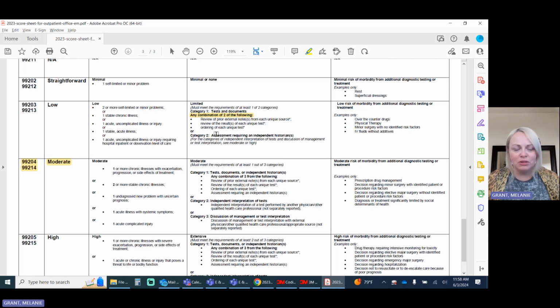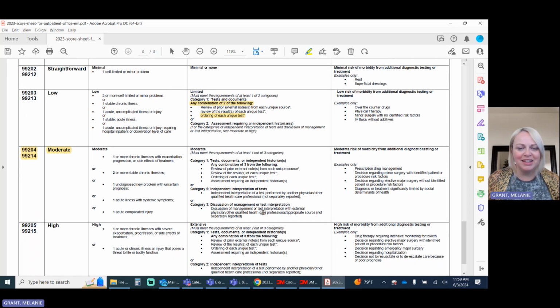So if there are 2 unique tests, then that will meet the requirement for ordering of 2 unique tests, whereas review of prior information is where it gets really questionable, and providers who are not coders tend to go to their coders and say, how do we identify this?